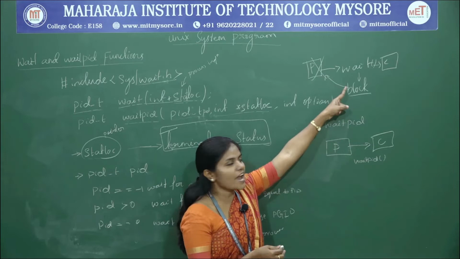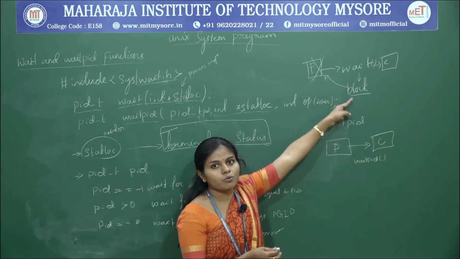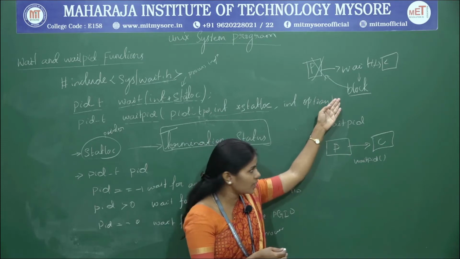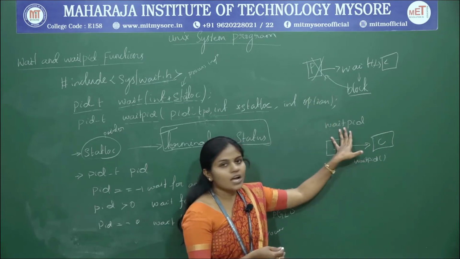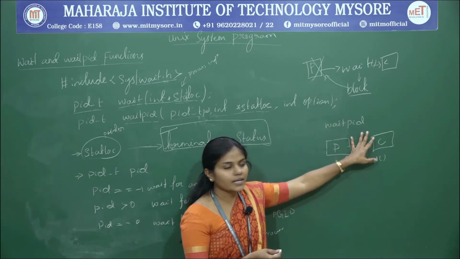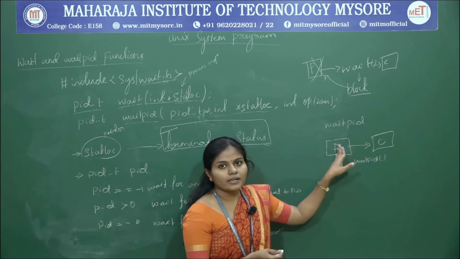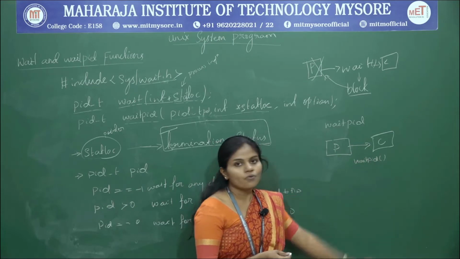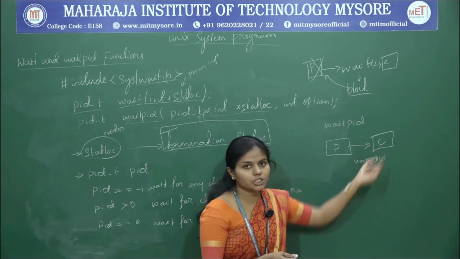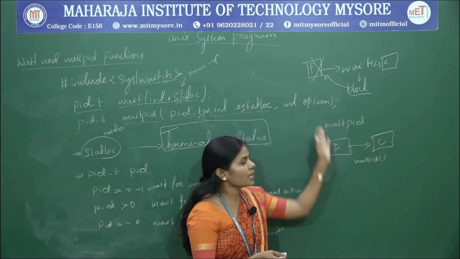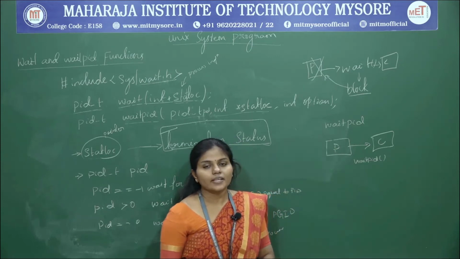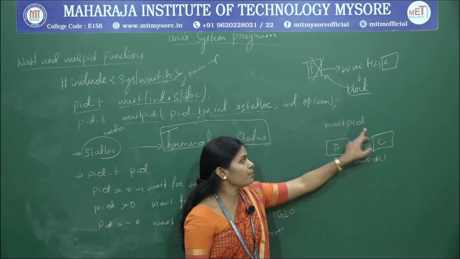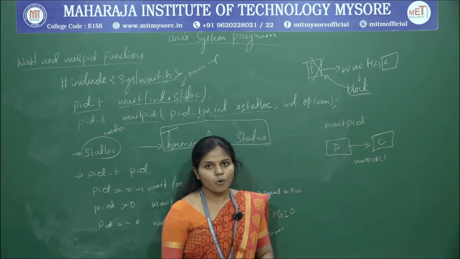But in wait, the parent is blocked and cannot do other operations. That is the disadvantage. To overcome that, we make use of waitpid. In that, the parent can perform other operations after calling the waitpid function for the child. So this is the major difference between wait and waitpid: wait blocks, waitpid does not block.